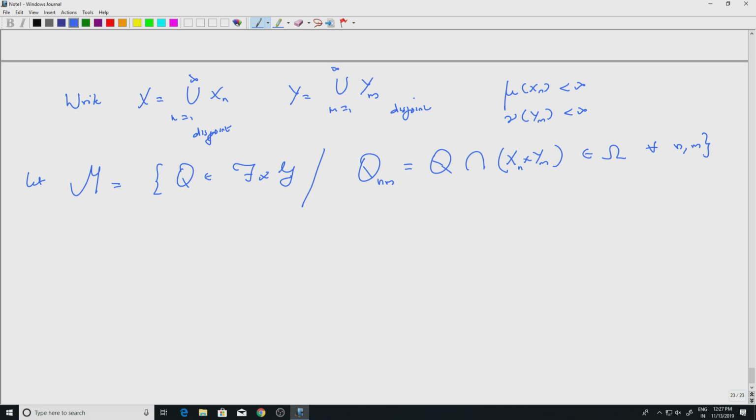So X cross Y is sort of covered by rectangles X_n cross Y_m, right. And I am intersecting, so if I take a Q like this, I am intersecting it with each of these rectangles. So this will be one such piece Q_nm, and I want to say if Q_nm is in omega for every n and m, you look at all such Q's put together.